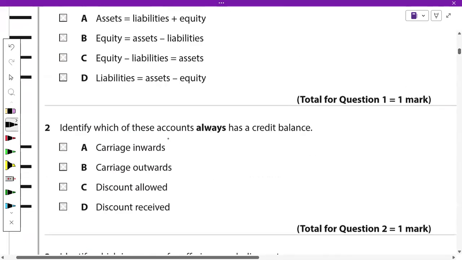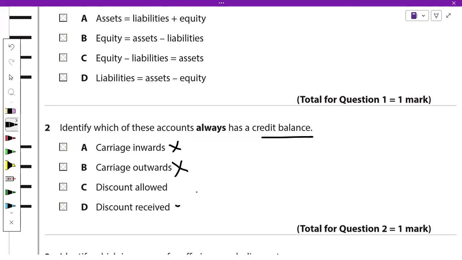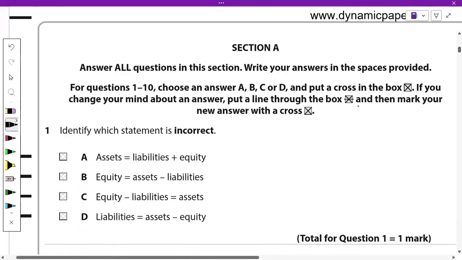Identify which of these accounts always has a credit balance. Okay, so carriage inwards would be a debit balance. Discount received always has a credit balance. Now identify which statement is correct.